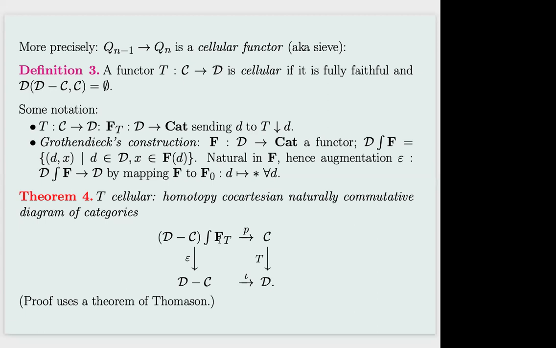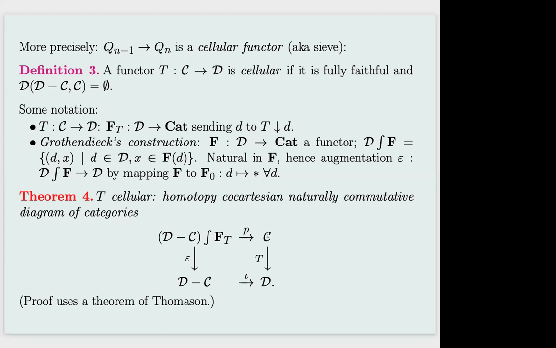And on the left, I have this augmentation I was mentioning. On the bottom, there's the inclusion of D minus C into D. And on the top, this P is a projection functor, because you can send D minus C integral F_T to D integral F_T, and if you think of the definition, you find a canonical functor to C. So that's what is true.